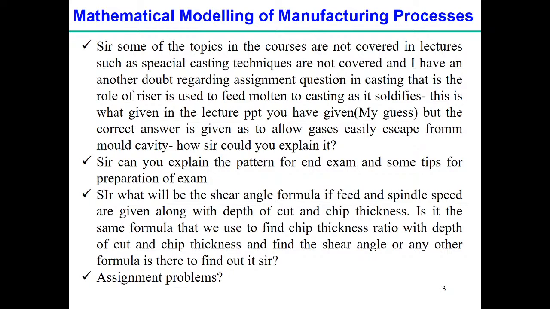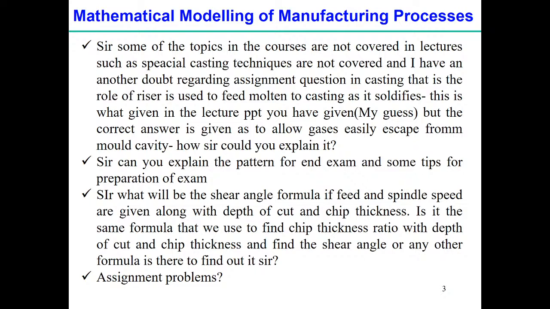For example, in turning, the uncut chip thickness and width of the chip depend on the principal cutting edge angle, which relates to the feed rate in the actual process.